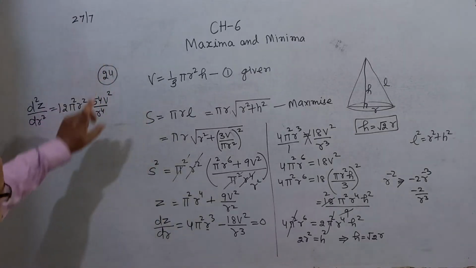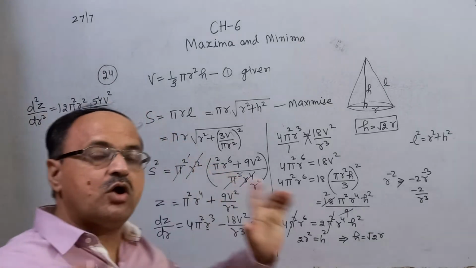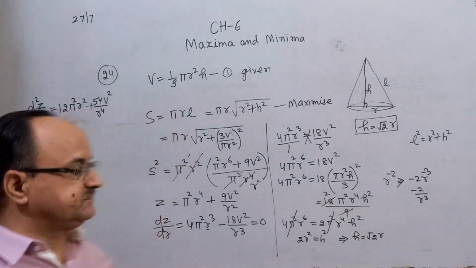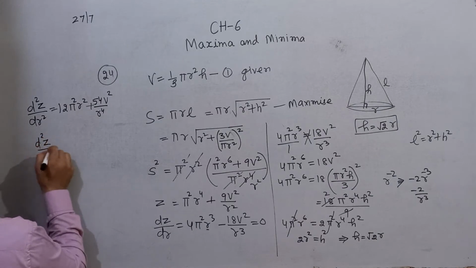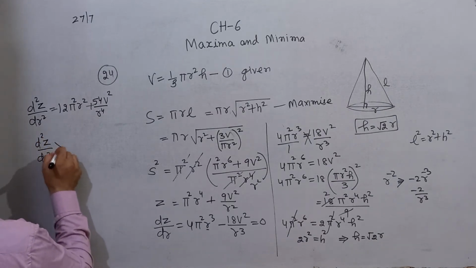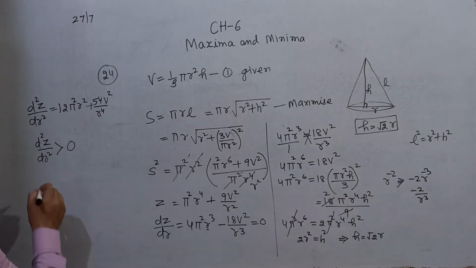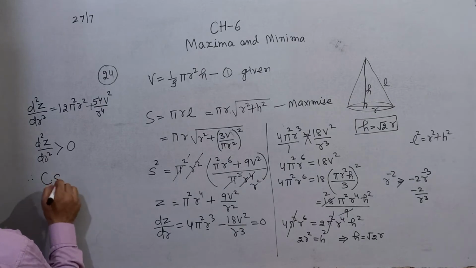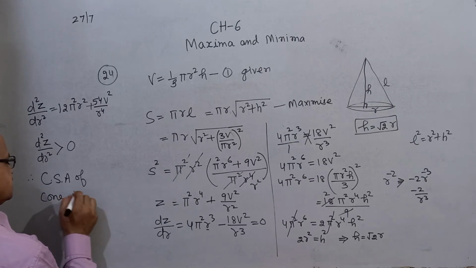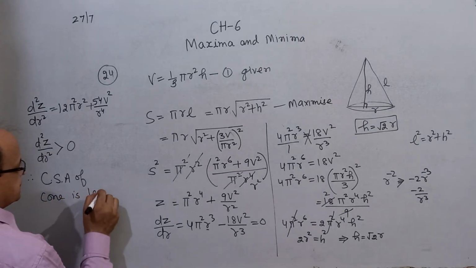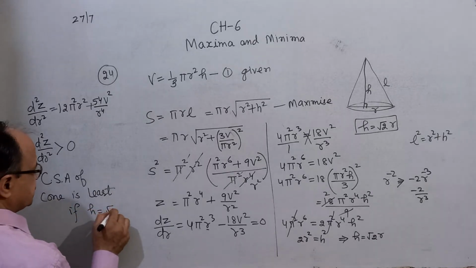And you know that all are positive quantities: pi square, r square, r to the power 4 and v square. Square of any number is always positive. Therefore, overall you can say this result is positive. D square z by dr square is greater than 0. If the second order derivative is greater than 0, then you can say that the curved surface area of the cone is minimized, least, if height is equal to root 2 times its radius.